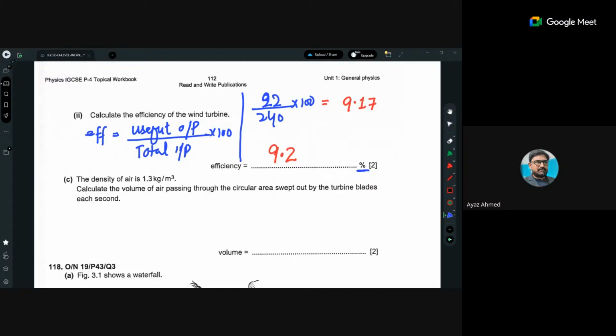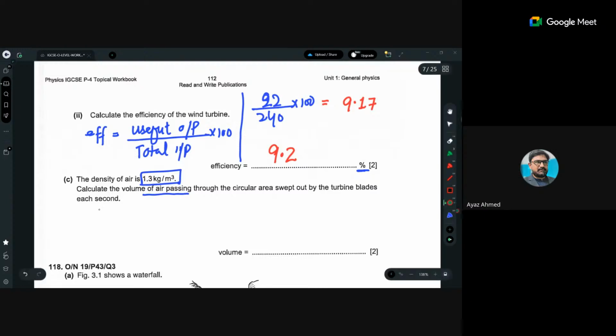Then the density of the air is 1.3 kg per cubic meter. Calculate the volume of the air passing through the circular area swept out by the turbine, again 2 marks.